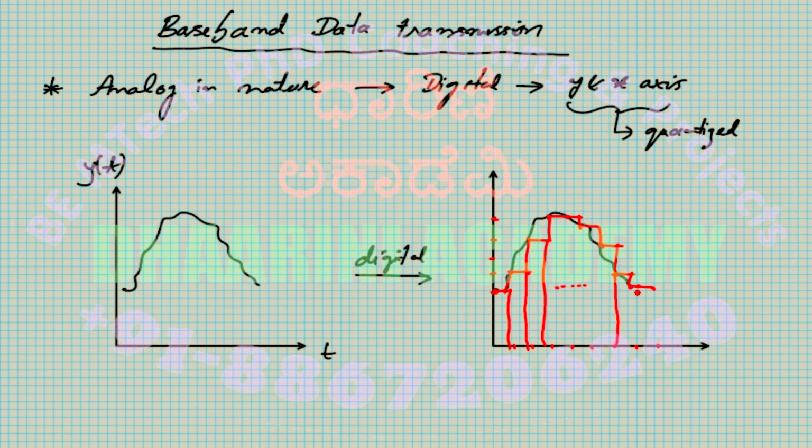This is our fundamental idea: if I'm trying to convert analog into digital, the first step I get is pulses. So pulses are the fundamental representation of the analog signal, which is a baseband signal, in its equivalent digital format.